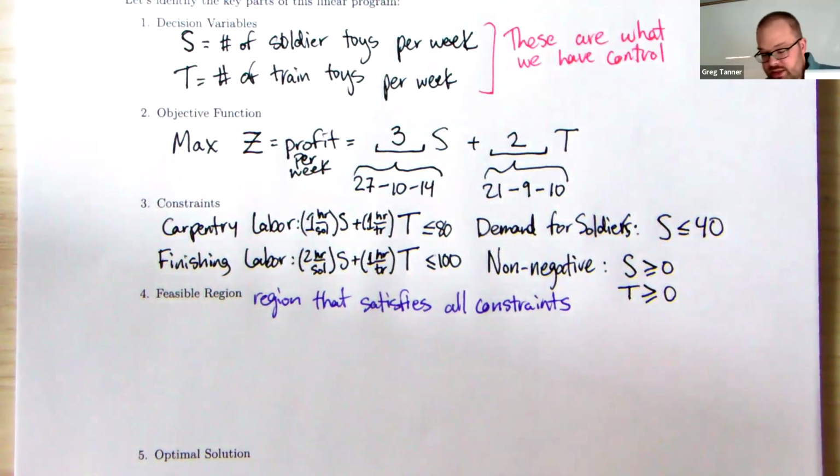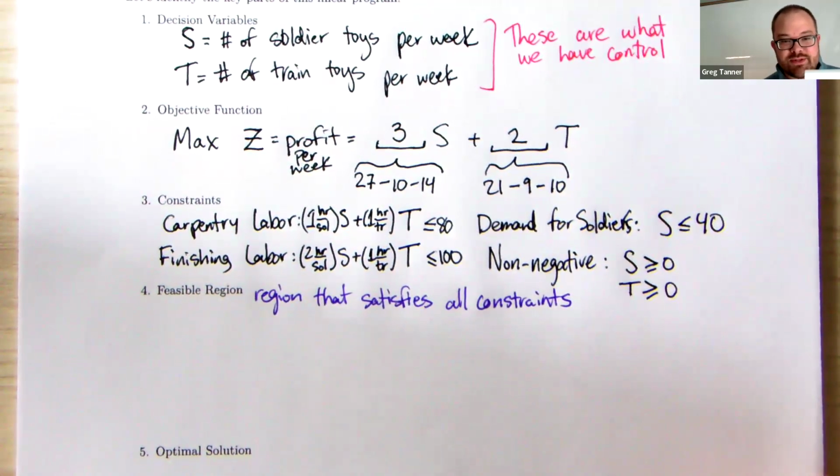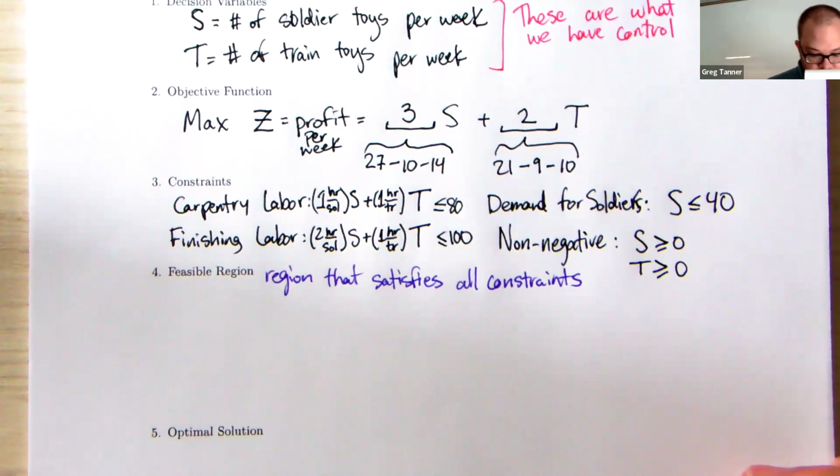The nice thing with a linear program with just 2 decision variables is we can nicely draw a picture of the feasible region.